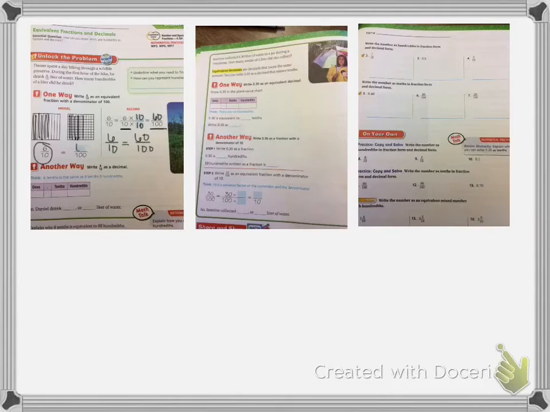I'm going to put my 60 right here. And you can actually physically see with the models that those two are equivalent. And you can see right over here off to the side, after doing the work, why they are equivalent. If you multiply your numerator and denominator by the same number, no matter what that number is, you will be coming up with an equivalent fraction to your original fraction.